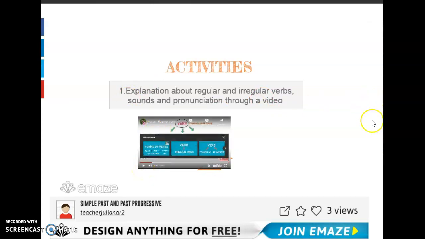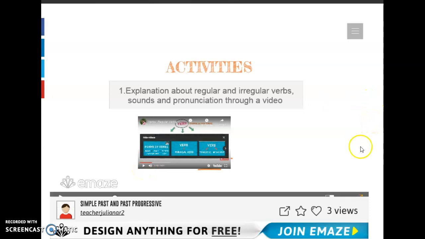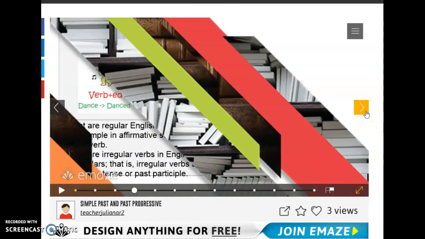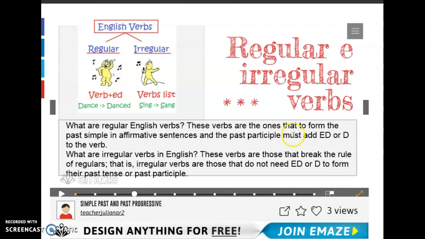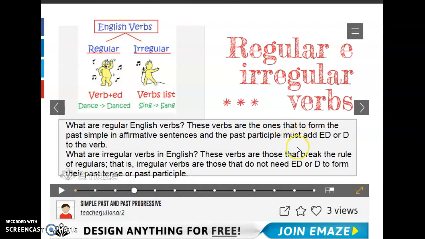And the other activity is an explanation about the regular and irregular verbs, and the structure. For the simple past in affirmative sentences, and for the past participle, we need to add the letters ed or d to the verb.